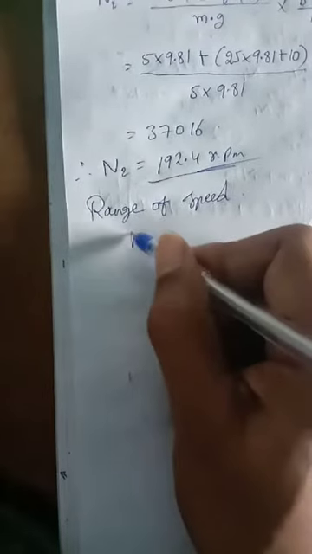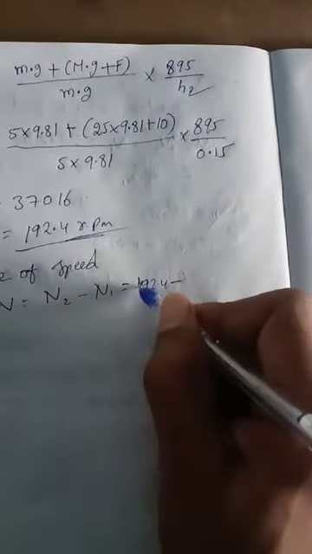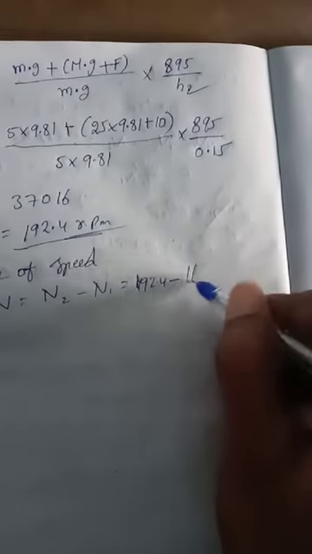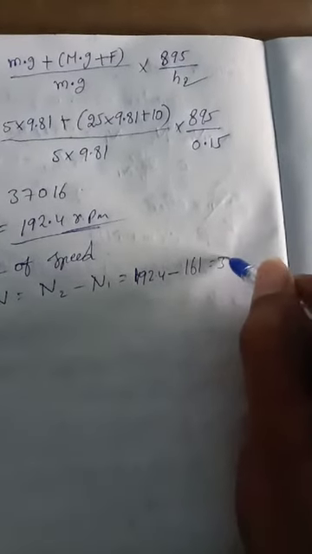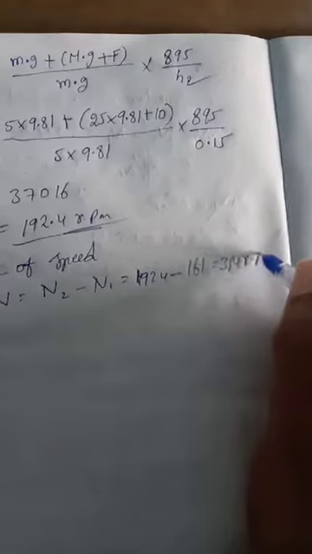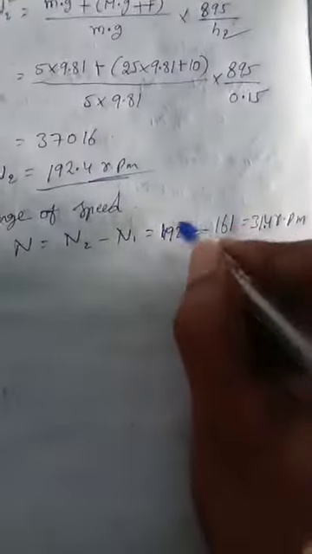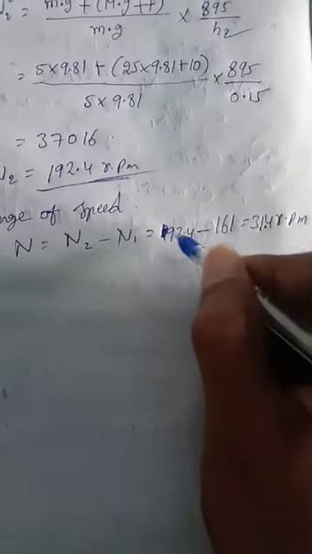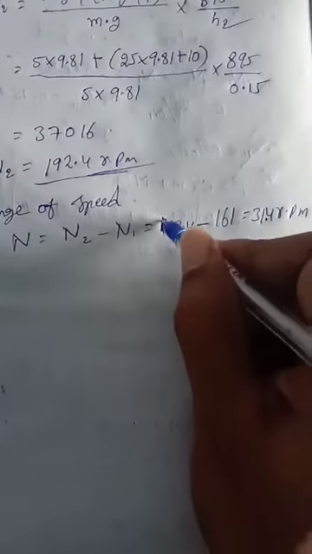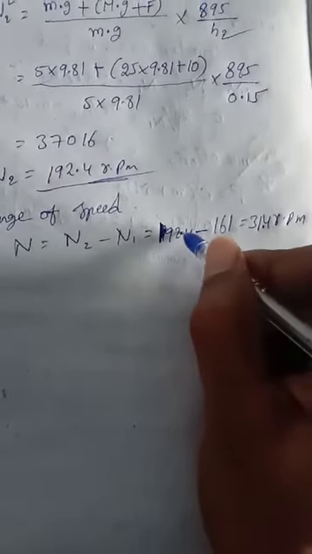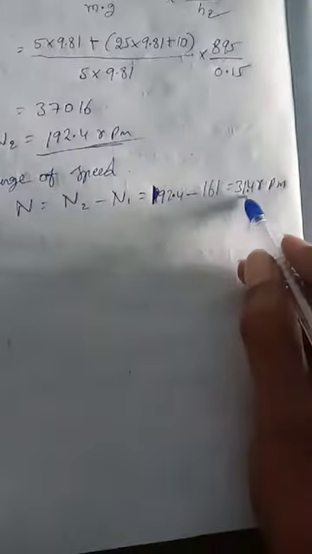So similarly, the range of speed N is equal to N2 minus N1, we know very well. So 192.4 minus 161, that is 31.4.